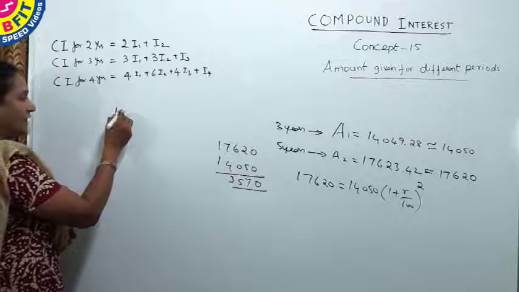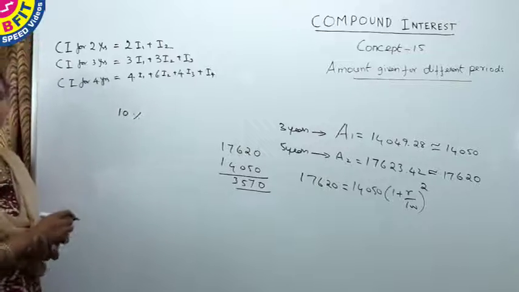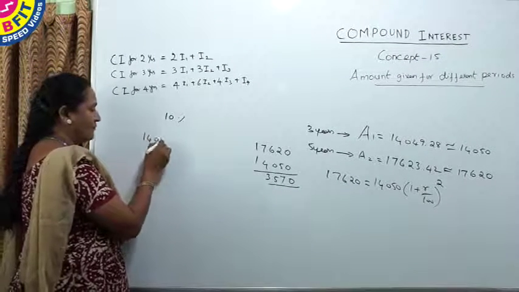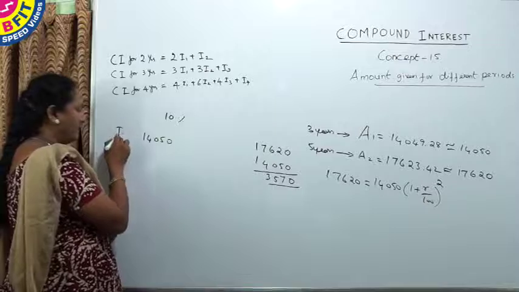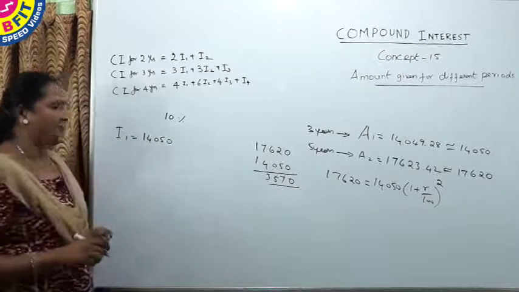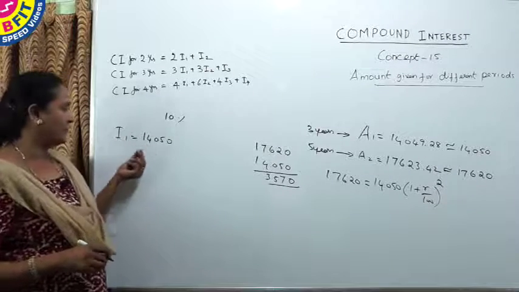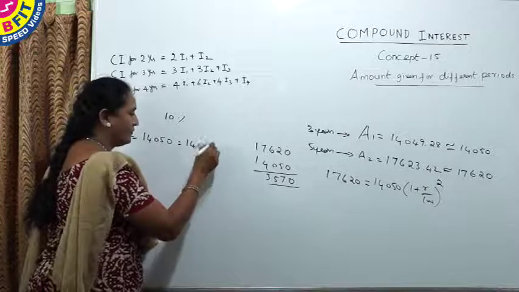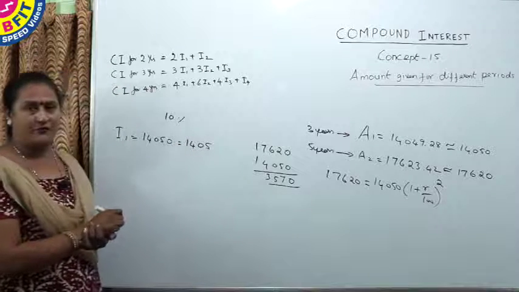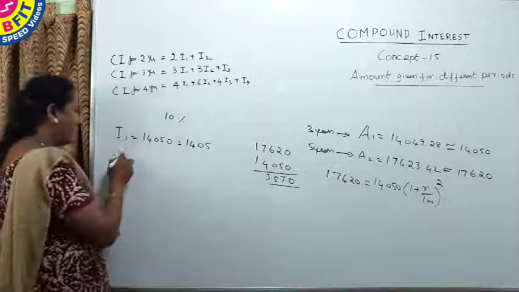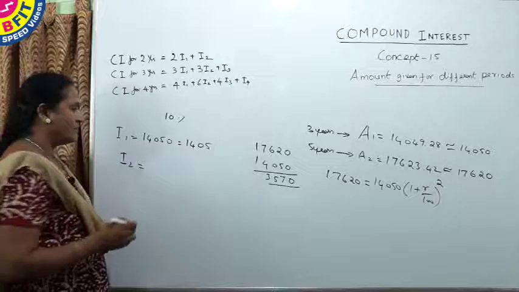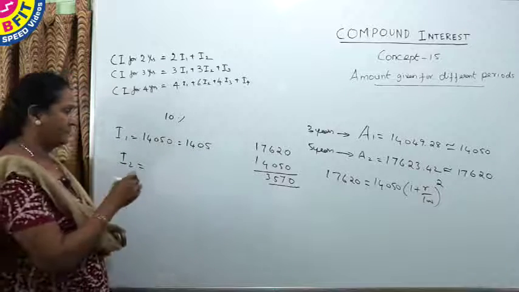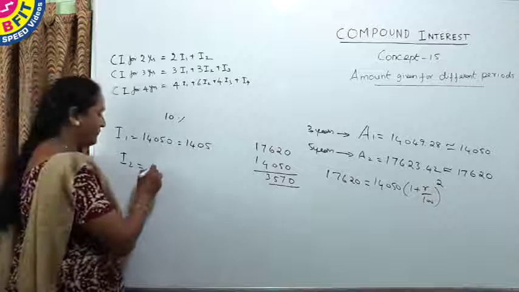So we'll take the rate as 10%. For 14,050, we'll find I1. So what is 10% of 14,050? It is 1405. And we'll find I2 also. So what is 10% of 1405?